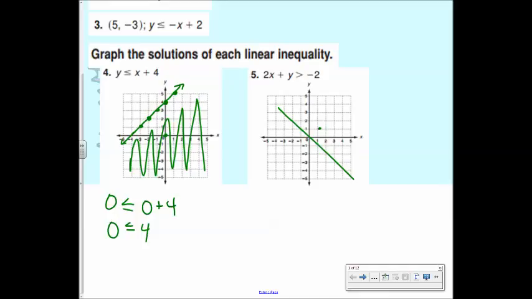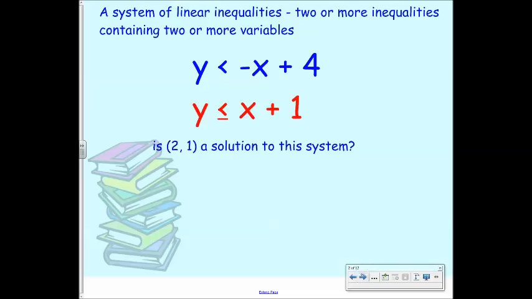Is 0 greater than 2? No, so 0, 0 is not in it, so that means I color to the left side of it. And what do you notice here? The lines are parallel, and are you coloring on the same side or different sides? So that means in this case there is no solution. All right, there's no solution there because you're coloring on opposite sides.